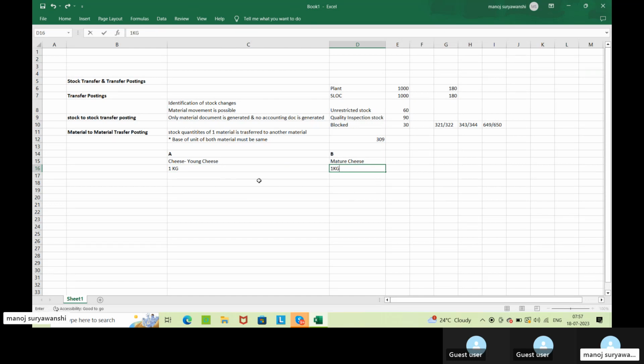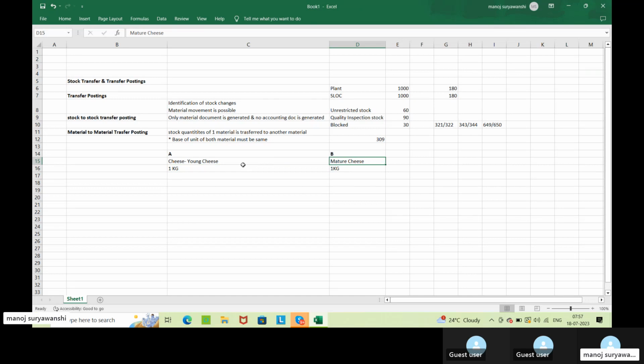So when an ink cheese is converted into mature cheese, your ink cheese no longer exists. यही 1 kg mature cheese बन जाता है, तो अभी उसको हम ink cheese नहीं कह सकते. तो what happens in the production line? What we do is we use this material to material transfer posting to transfer this 1 kg of ink cheese into 1 kg of mature cheese.